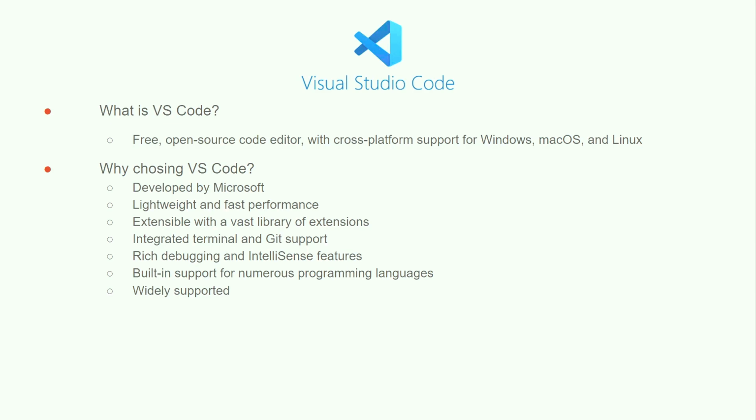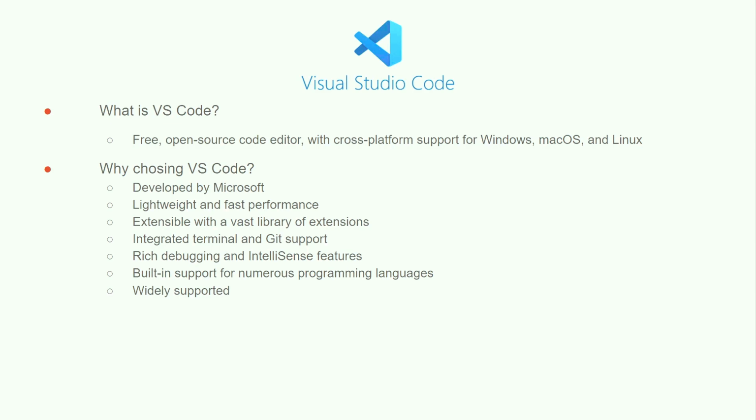VS Code is highly extensible with a vast library of extensions available through the Visual Studio Code marketplace. These extensions add functionality such as language support, debuggers, and tools for various frameworks and technologies. The editor comes with an integrated terminal and built-in Git support, enabling developers to manage version control directly within the editor.